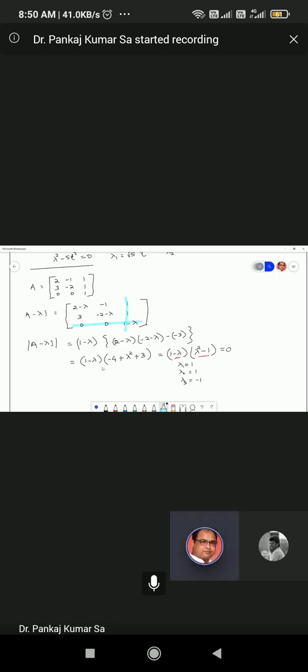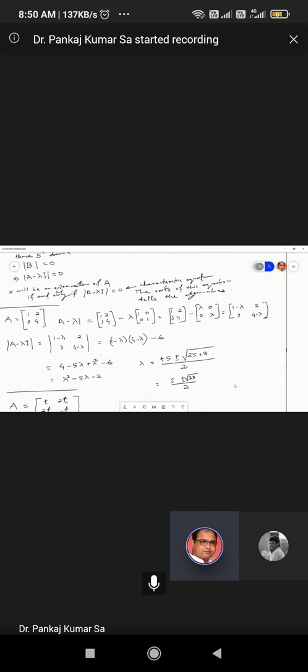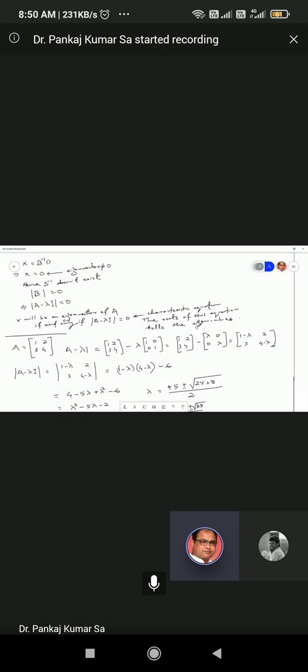Okay, that's it. So we talked about eigenvalues today. Eigenvalues, eigenvectors we started with, and we talked about the characteristic equation, and we then continued on finding the roots of the characteristic equation, that is the eigenvalues.